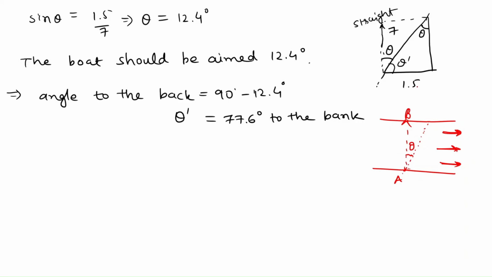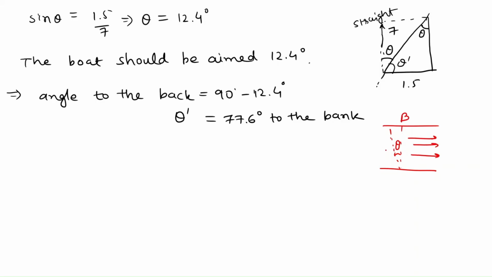So we have to find this theta angle. If you start with this theta angle, you come across at B because the river pulls you in this direction.